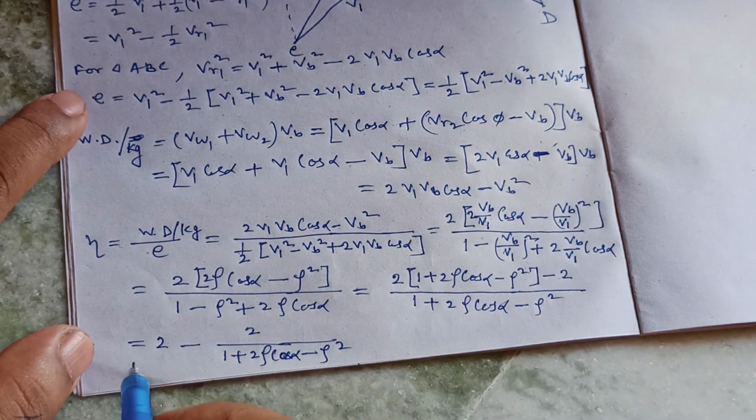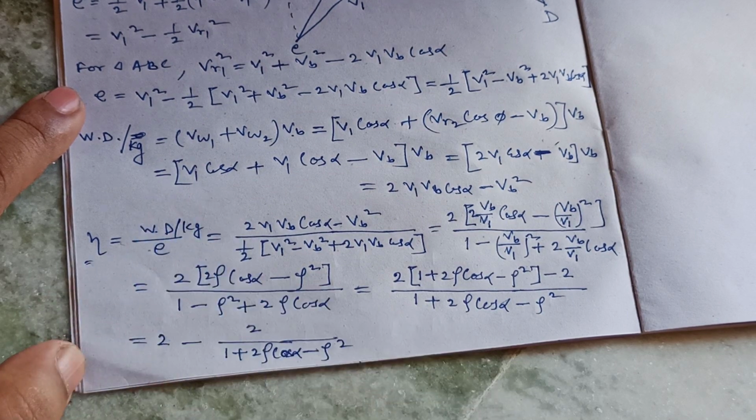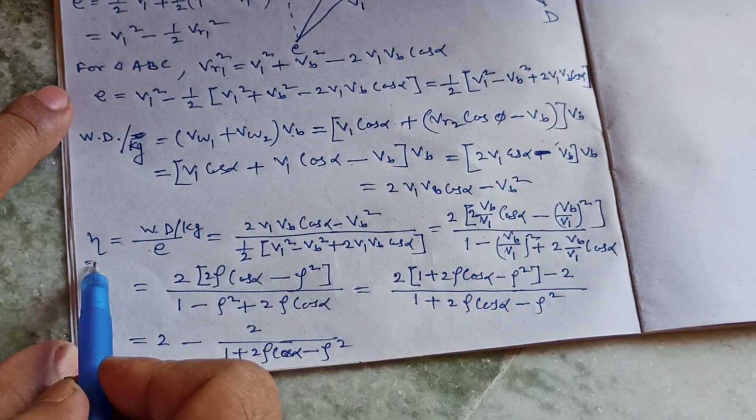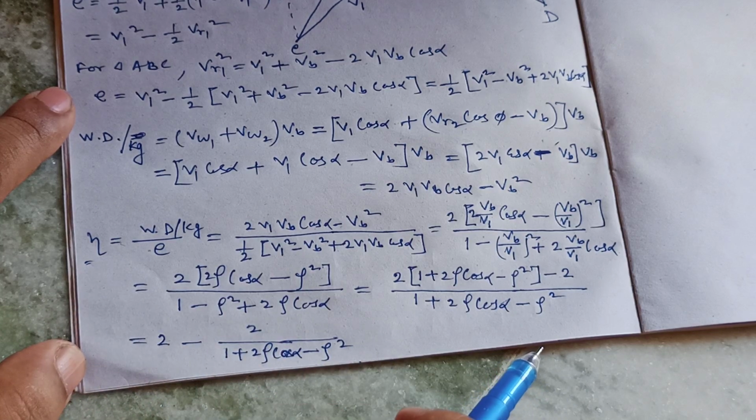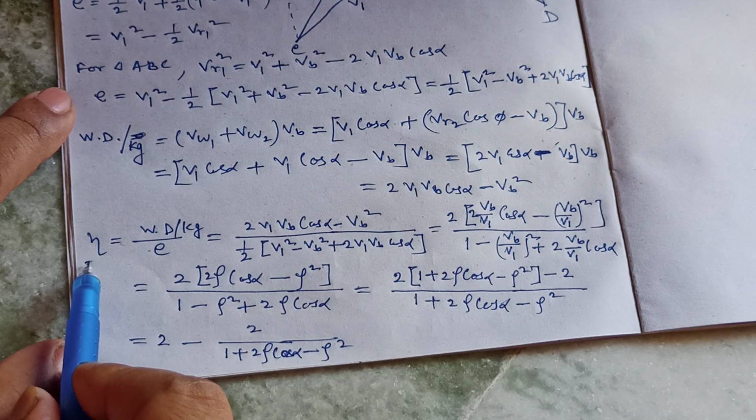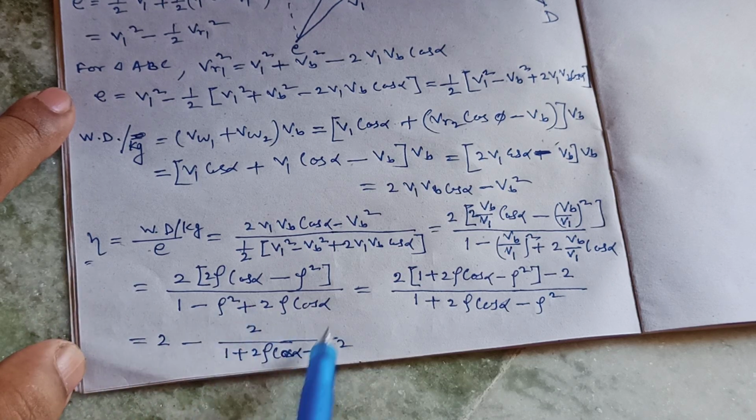Now we have to make the value of sigma maximum. To produce the maximum value of sigma, we have to produce the maximum value of this total.